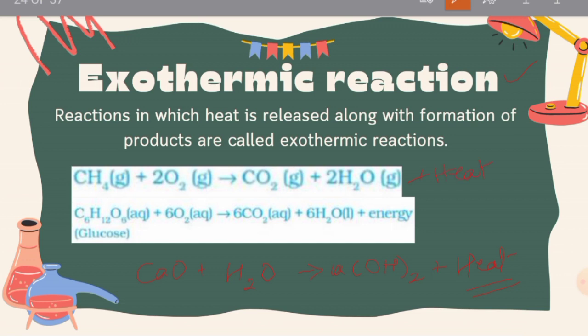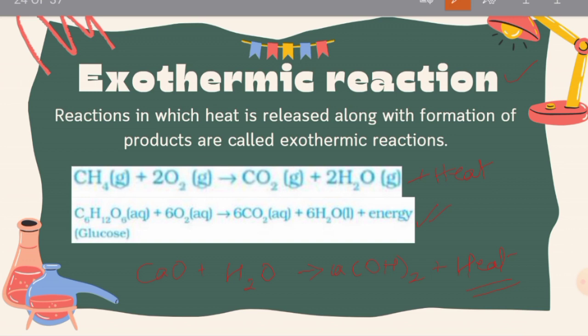Heat is liberated. The next one is again an important reaction. C6H12O6, this is glucose, plus oxygen gives rise to CO2 plus H2O plus energy. This is our respiration reaction actually, or digestion reaction. This will also be there in biology again. This is glucose.